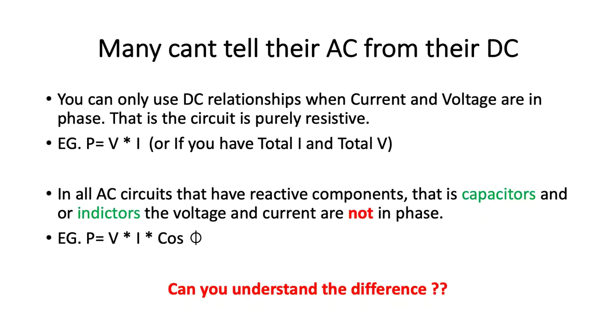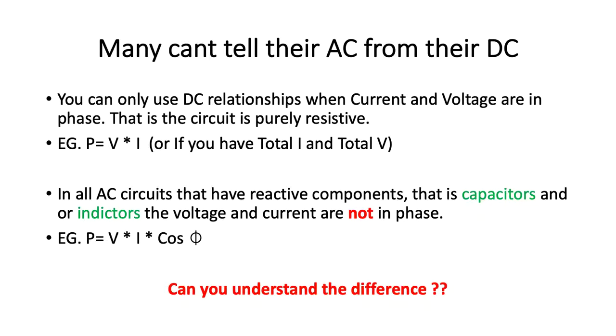In all AC circuits that have reactive components, that is, they've got capacitors and/or inductors, the voltage and currents are not in phase. Therefore, we can't use simple Ohm's law. We've got to take into account the angles. For example, in single phase, power equals the volts multiplied by the current multiplied by the cos of the phase angle, or what we would call the power factor.